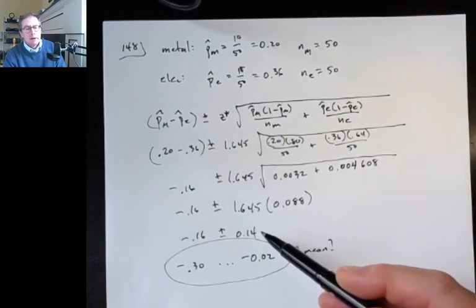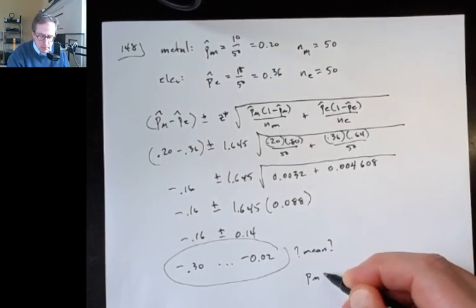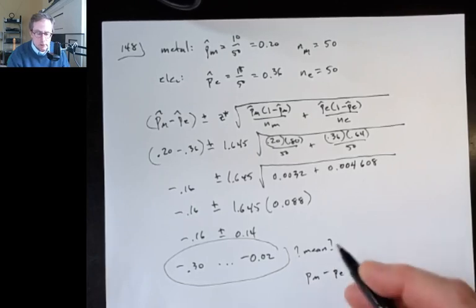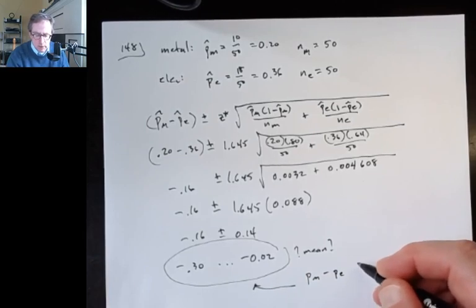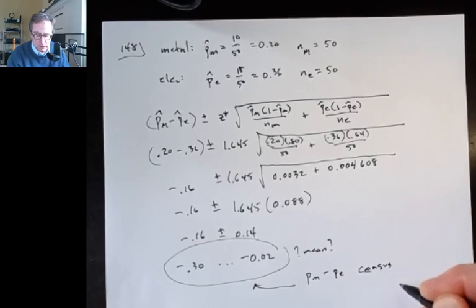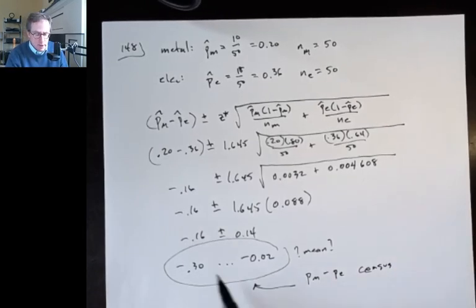So we think that the true number, that PM minus PE, no hats, lies in there. So this is not the sample number, this is the census number. We're not going to do a census of all penguins in the world. But if we did a census of all penguins in the world, we think it would lie between these two values.